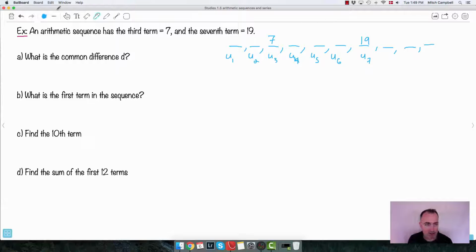But there's a more straightforward way to do it. If you look at this in the right way, look at this. We can say, well, I know that common difference, you know that little common difference that I put in here, and here, and here, and here? I know that 19 minus 7, that's going to be some number, right?